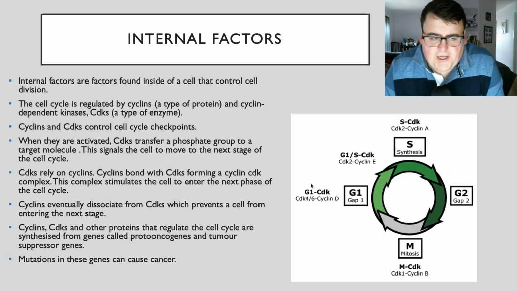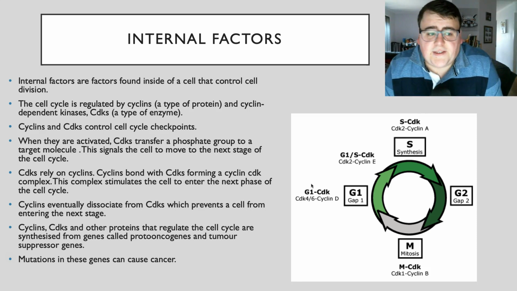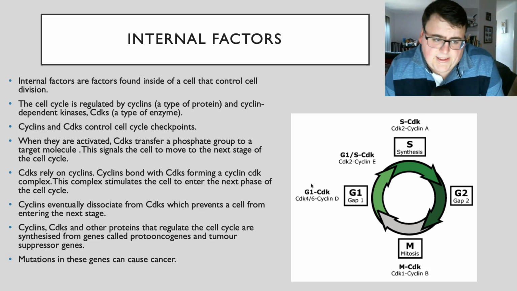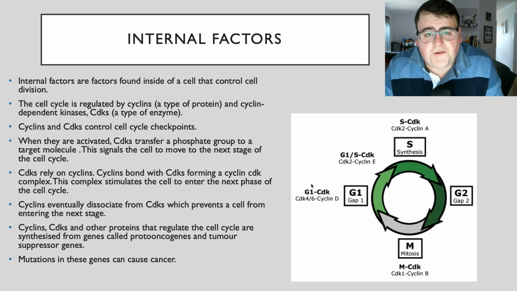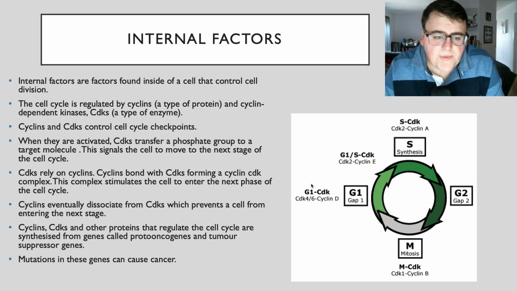Internal factors. So we've looked at the external factors, at physical and chemical, but there's also internal factors. So internal factors are factors that are found inside of a cell that are going to help control cell division. Most of these are going to be cyclins and CDKs. So the cell cycle is actually regulated by cyclins, which is a type of protein, regulatory protein, and also by cyclin-dependent kinases, which is a type of enzyme which we're going to refer to as CDKs.